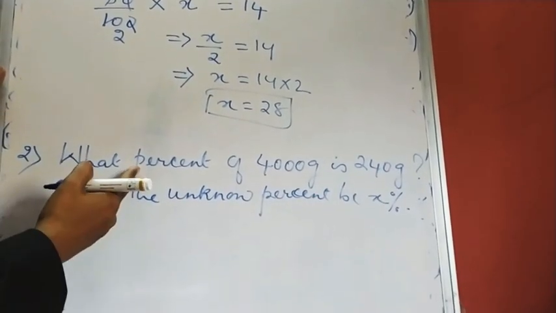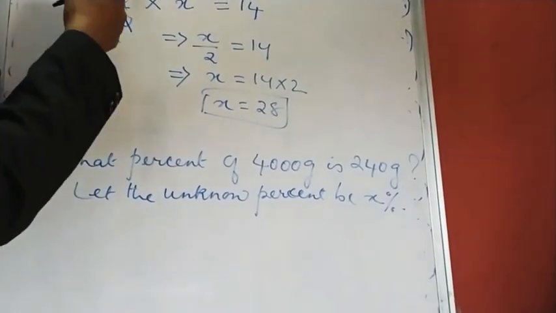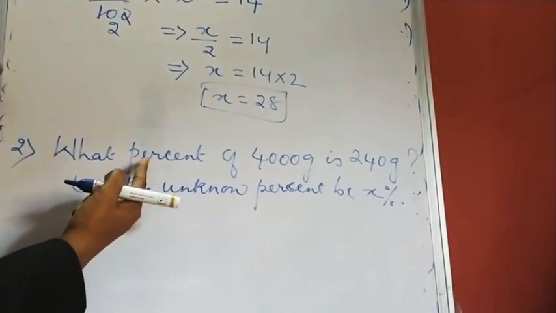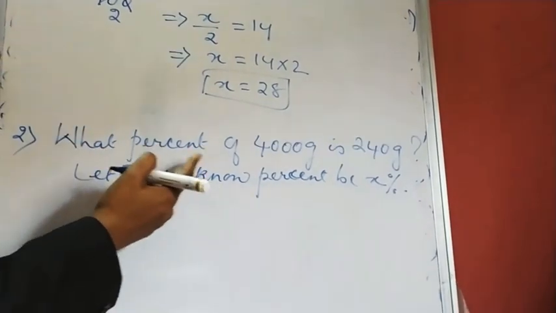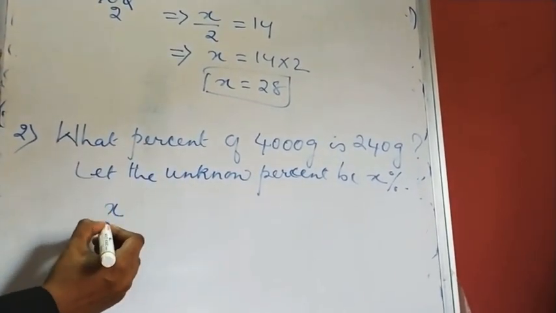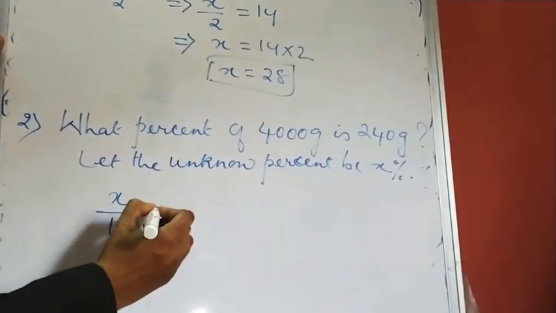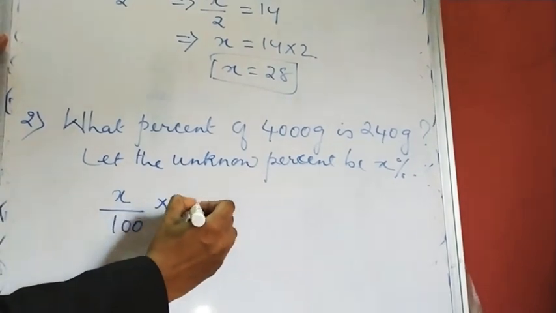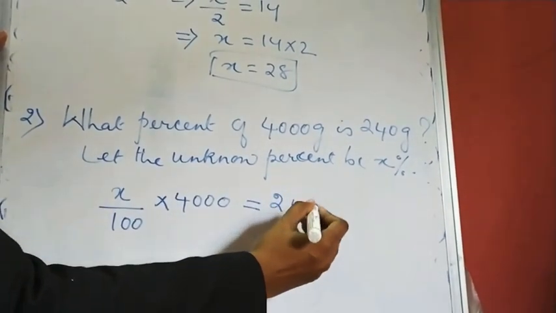Just like how we took the unknown number as x, here we take the unknown percent as x percent. So according to the question, because it is percent, we take it as x by 100, of which means multiplication sign, of 4000 grams is equal to 240 grams.